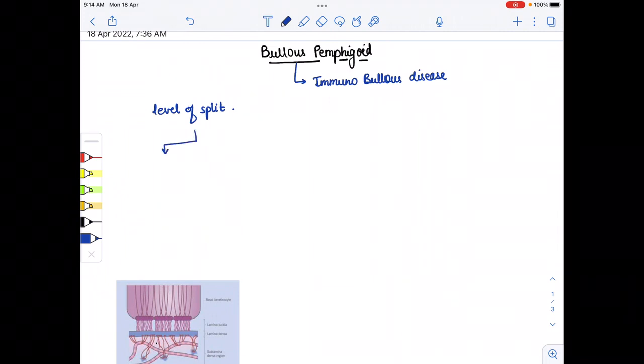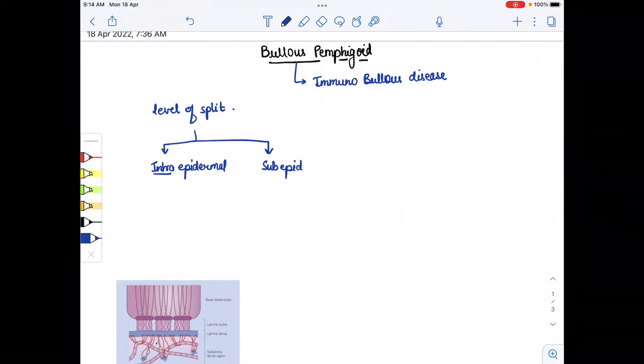Intra means inside the epidermis, and subepidermal means below the epidermis layer. Sub means below the epidermis, and below the epidermis there is the dermis layer.